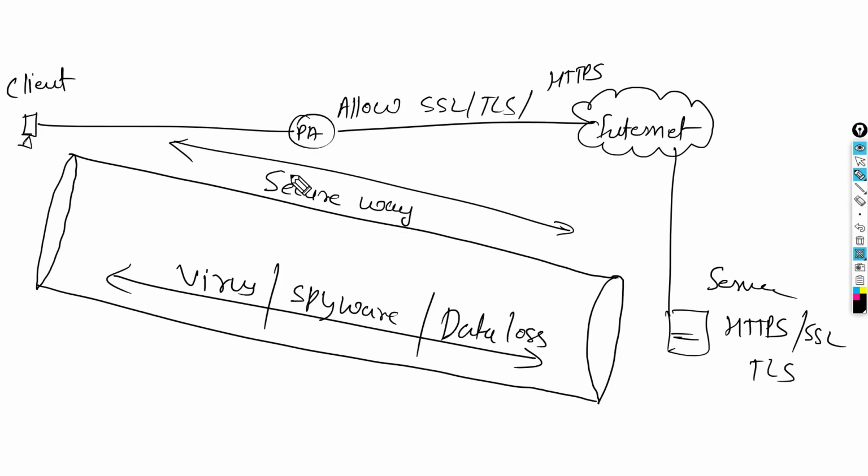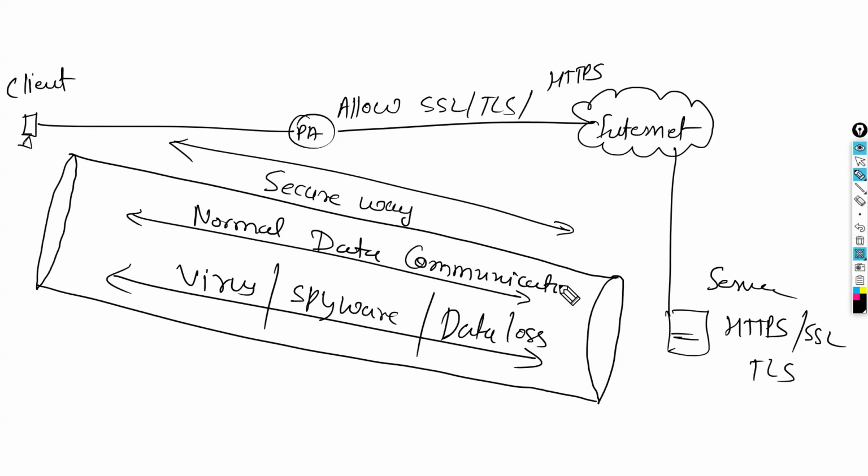We want that if a user is using an SSL tunnel, normal data communication should be allowed. But the exchange of virus, spyware, and data loss should not be there.